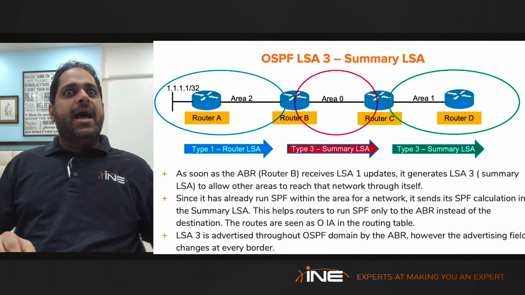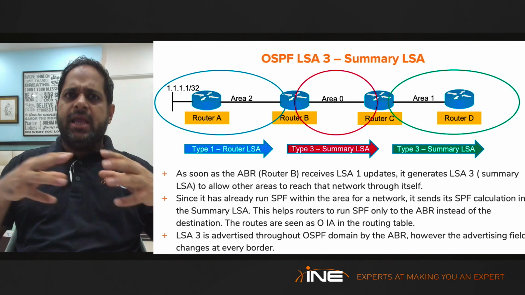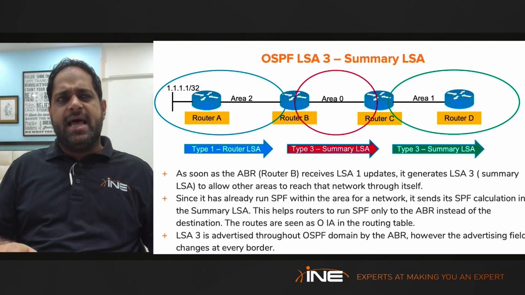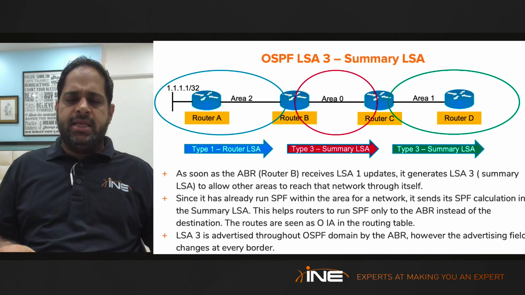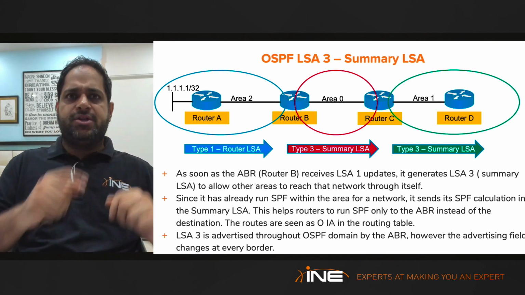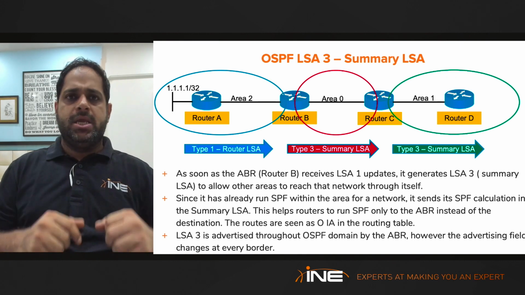So everybody in area 0 would see that the advertising router for 1111 is router B. So if I want to get to that network, I need to reach router B.